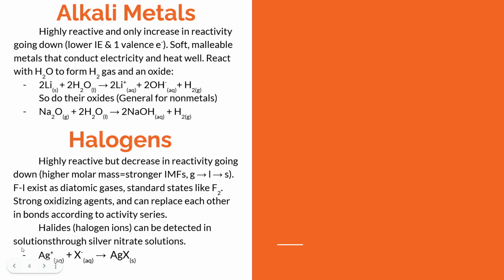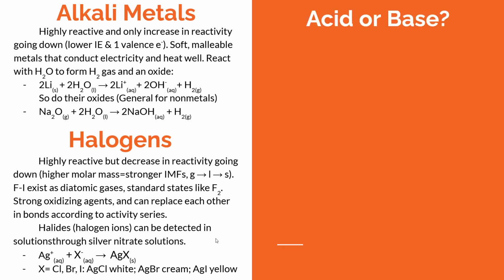These two aqueous, or dissolved, ions are going to bond together to form AgX, where X can equal chlorine, bromine, or iodine. If it's silver chloride, the solid is going to be white. If it's silver bromide, it's going to be cream, and if it's silver iodide, it's going to be yellow.